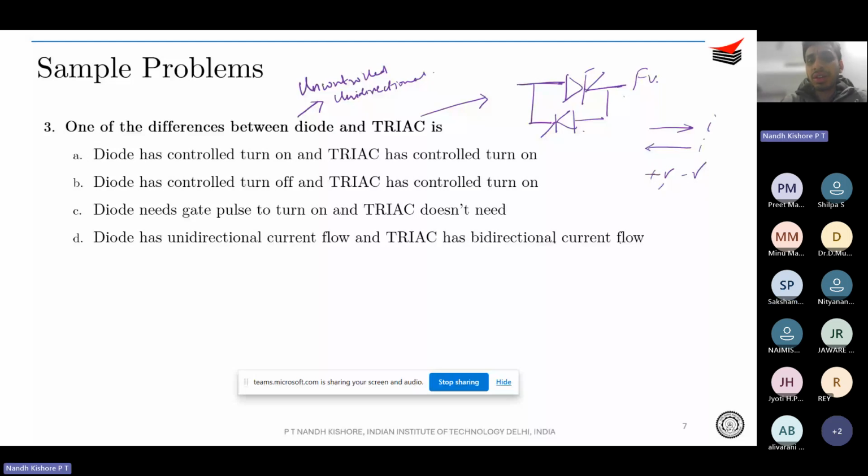So from this itself, you can figure out that the option is going to be D. That is, diode has unidirectional current flow, triac has bidirectional current flow. It's a very simple theoretical question.